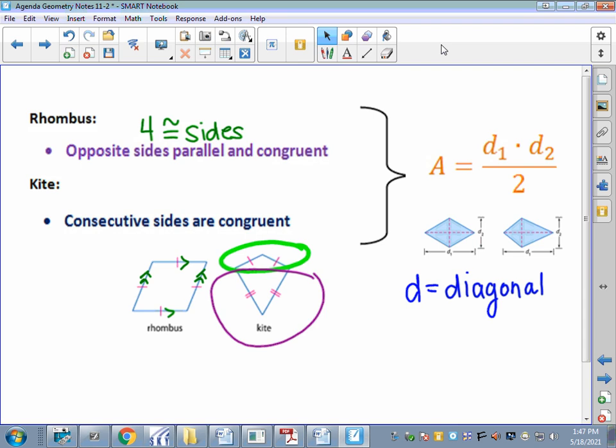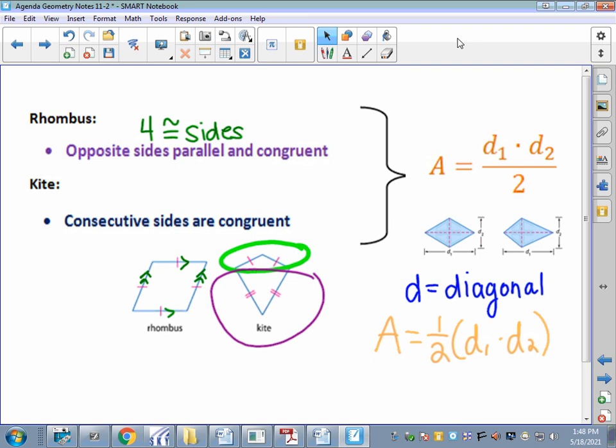So the one diagonal times the other diagonal divided by 2. Again, some people might prefer to do the area of a rhombus or a kite is equal to 1/2 times the diagonals multiplied together. Please notice these diagonals are multiplied. In the trapezoid, the bases are added. So just little sign things to watch out for.